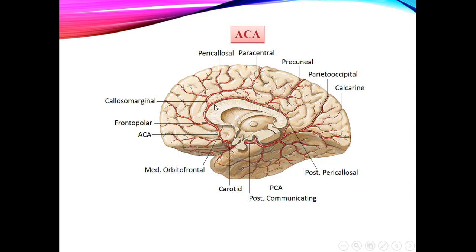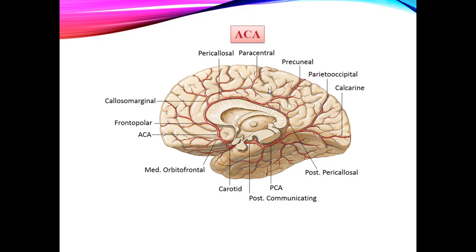And also, as you see, the branches of the ACA supply the paracentral lobule, and we know that the paracentral lobule is responsible for movement in the lower limb because it's part of the primary motor area.